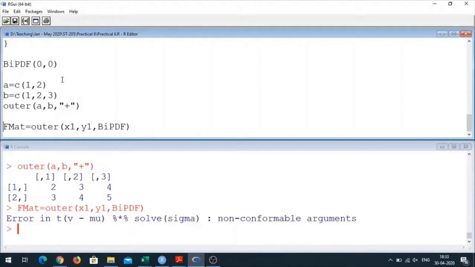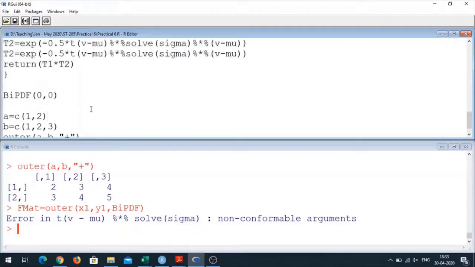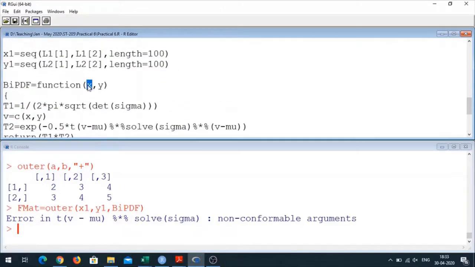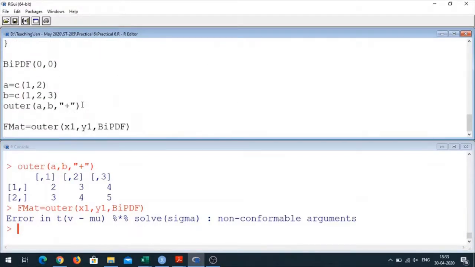The thing is, outer generally treats this entire x1 as a vector, y1 as a vector, and then tries to apply this function on a vector, whereas the original function that we have written is to be applied on two scalars. To avoid this problem, there is a command called Vectorize, which would enable outer to apply this function properly.